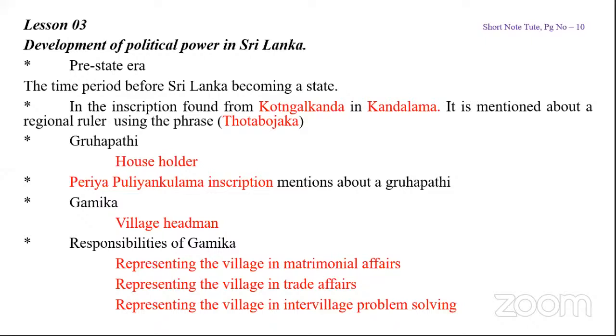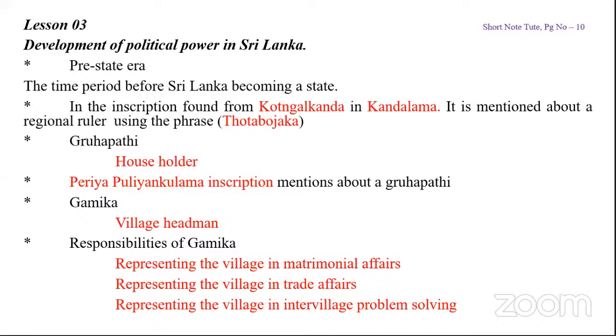Those who received very rich land started receiving extra income, extra production. So the people who got less production because of less fertile lands had to depend on those who received a very good harvest. Gradually, those people became the gamikas, leaders of the village.